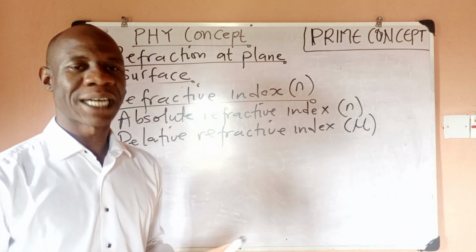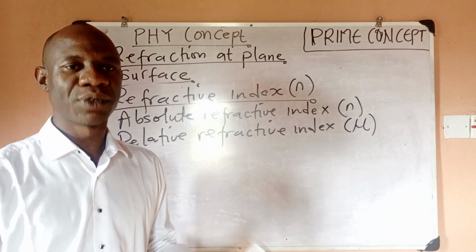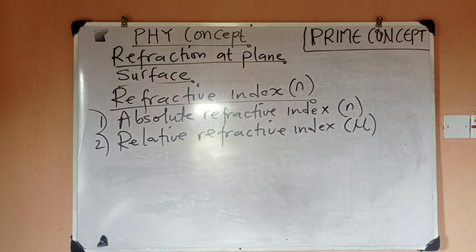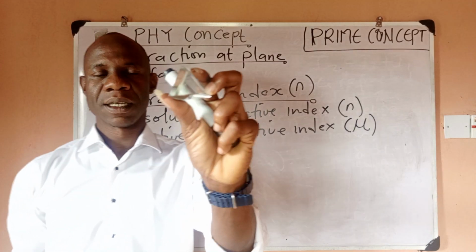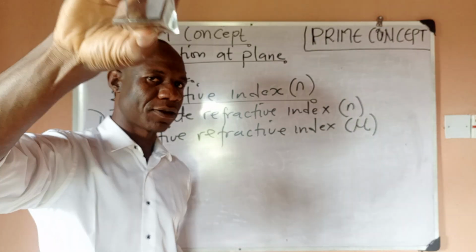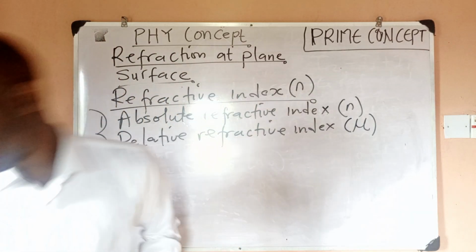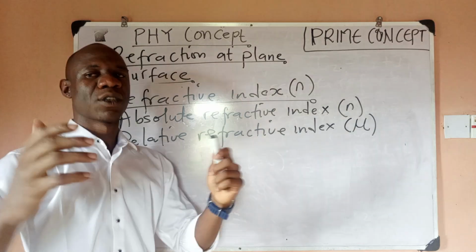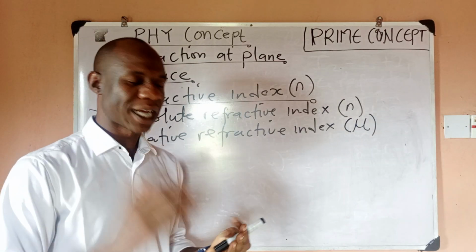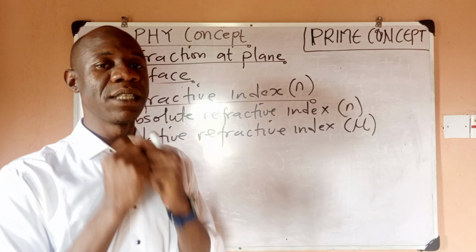The absolute refractive index of glass, the glass that is commonly used for our prism, say we have this, this is my prism. So the absolute refractive index of this kind of glass is 1.5. These are what we know as absolute refractive index, the actual refractive index of that given medium.